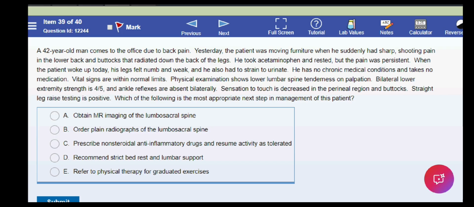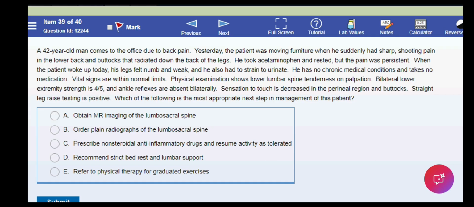Because of this back pain, I will repeat the important keywords. We have back pain after moving furniture. He had sharp shooting pain that radiated to the back of the legs. We see no change in the pain, still high, difficulty urinating, problem with reflexes, with touch.